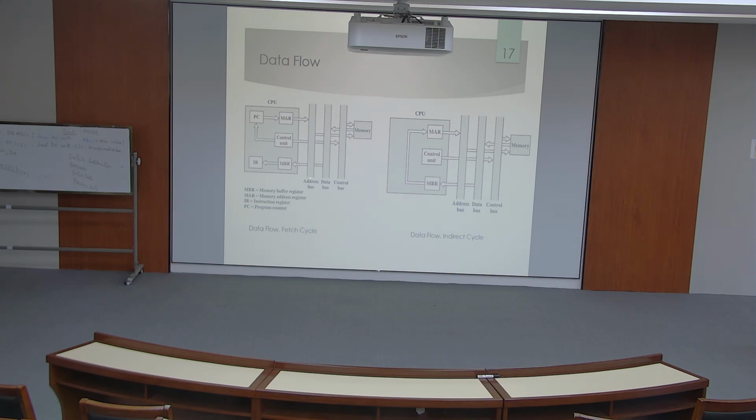This memory buffer register is important as a buffer between the main memory, which is random access memory. We're going to talk about the different types of memory in chapter 3. Most of the time, the main memory is random access memory. We have different buses: the address bus to transmit addresses, the data bus, and the control bus as well.